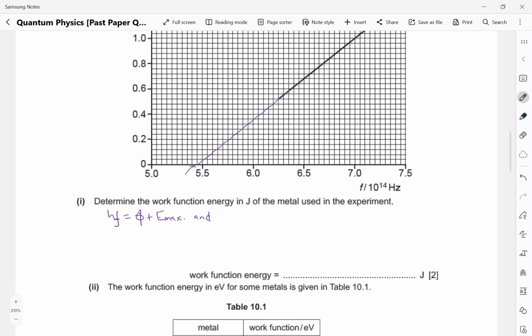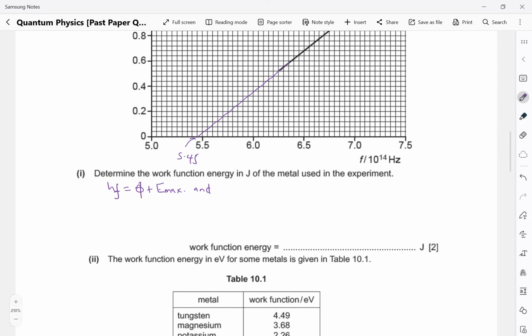Using the scale of 0.5 divided by 10, which is 0.05, this is 5.45. So f0, the threshold frequency, is 5.45 times 10 to the power of 14 hertz.